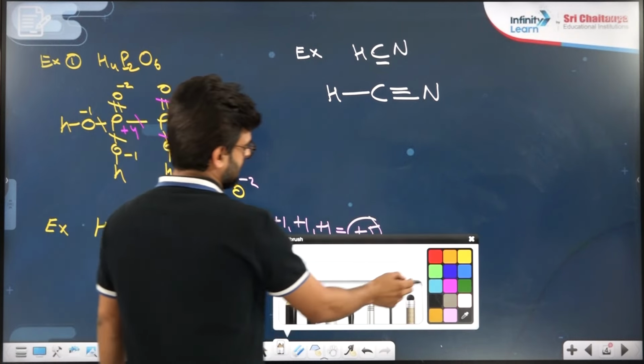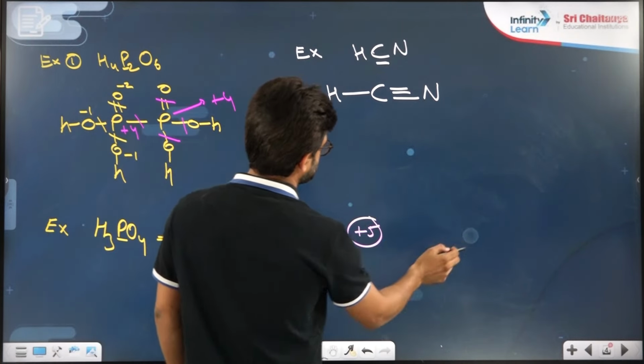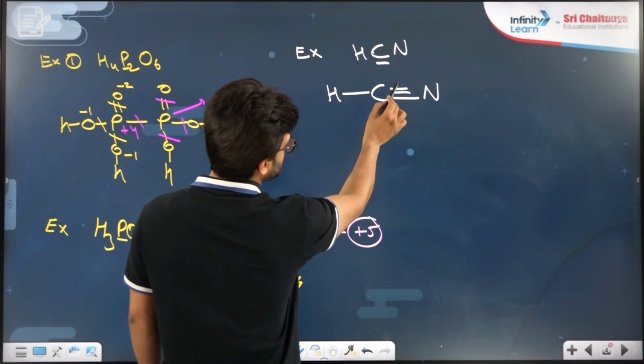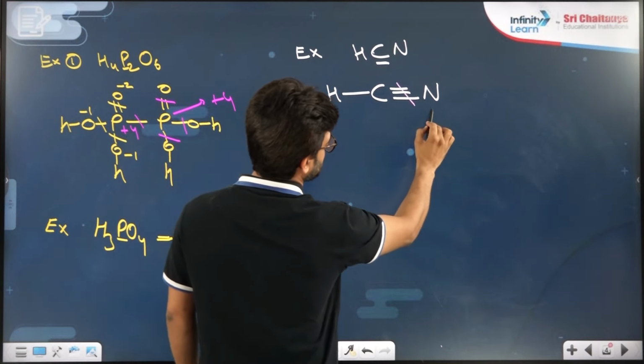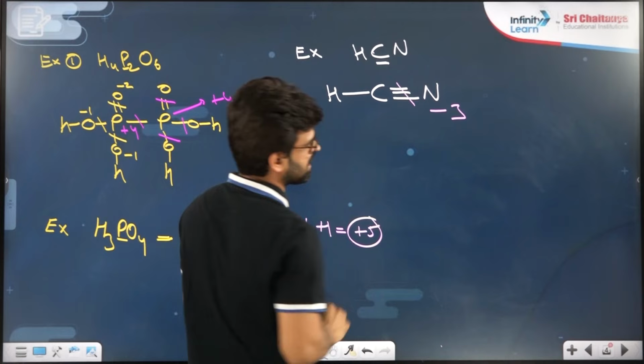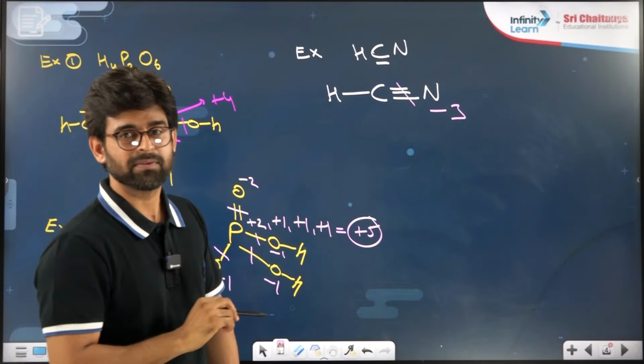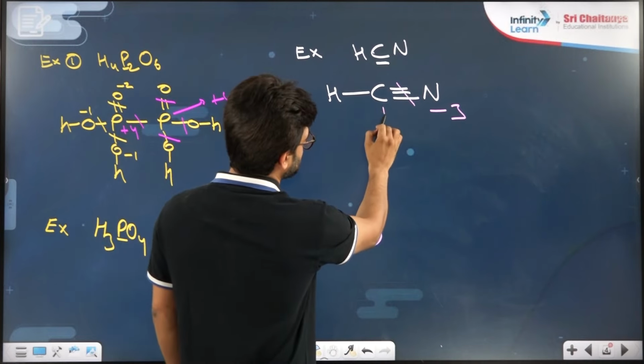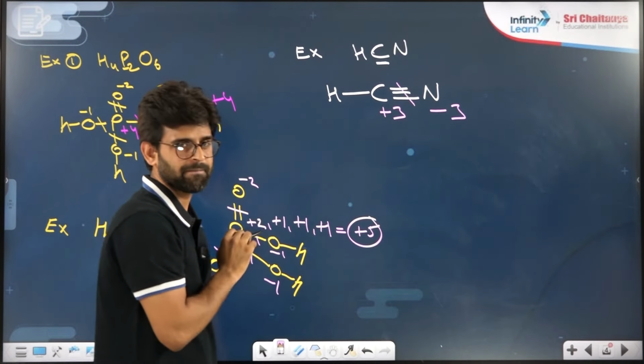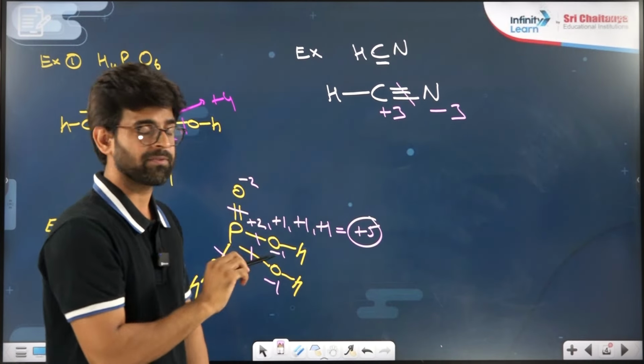So if we try to break all the bonds, I am breaking nitrogen's 3 bonds here. From here nitrogen gets how much charge? -3, because nitrogen is more electronegative, and carbon will get +3 because it is less electronegative.